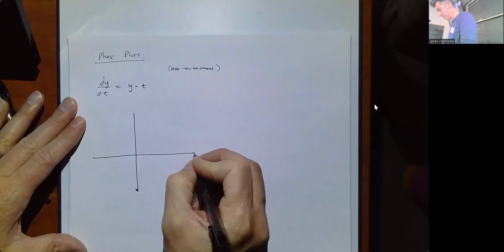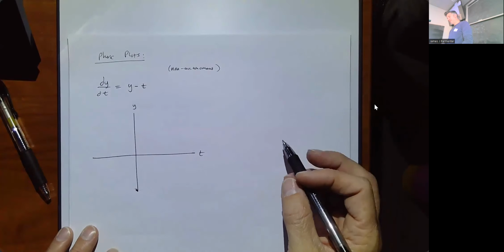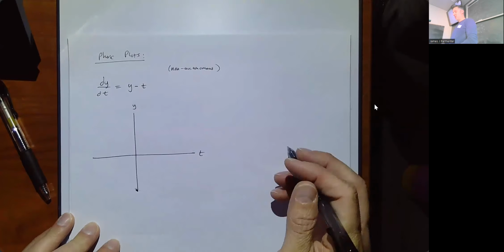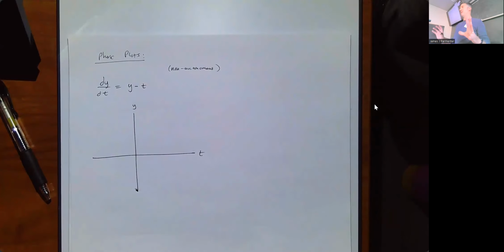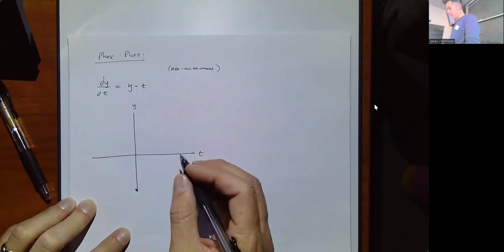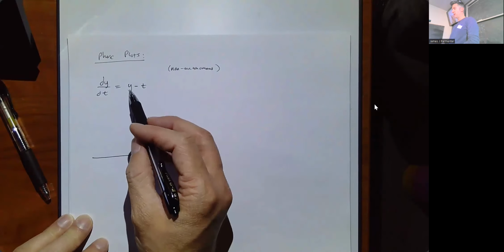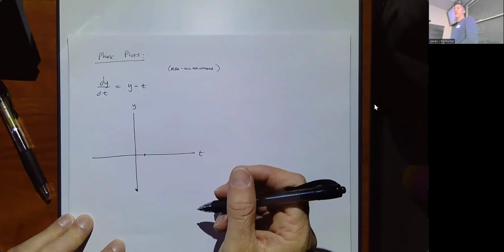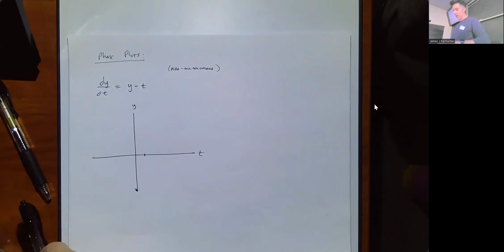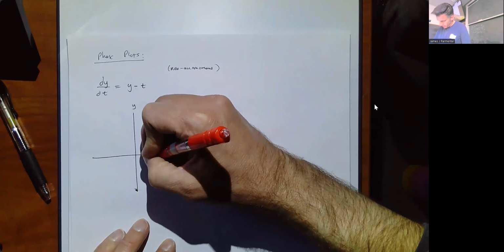You're going to pick a bunch of points, which is why this is annoying, and see what the derivative looks like. For example, let's not start at 0, 0, because that's terrible. If t is 1 and y is 0, my derivative is 0 minus 1, which is negative 1. So the slope of my tangent line at that point, which I'll draw in red here, is a slope of negative 1, like that.